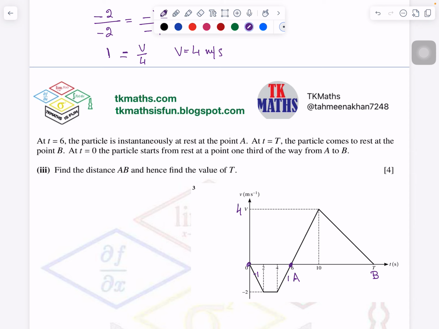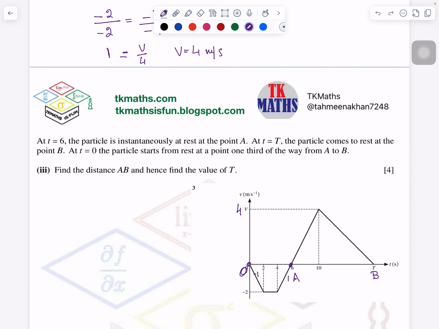So we know the particle's journey started from here. This distance covered between 0 to A is 1/3 of the distance covered here. So this distance is 1/3 of this one. So I can say this is 3 times this distance. Agreed? So this is a very important information for us.